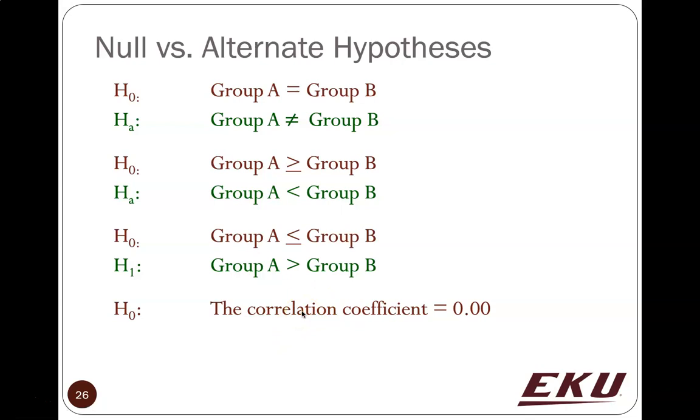Or it could be like a less than or equal to 0. As long as there's an equal sign in there, you know it's the null hypothesis. The alternate says that there is a difference. And sometimes you'll see it as H sub A, and sometimes the A is capitalized. Usually I see it more commonly like this.